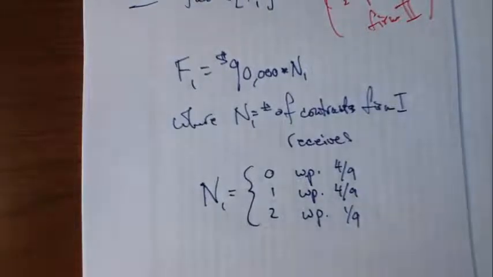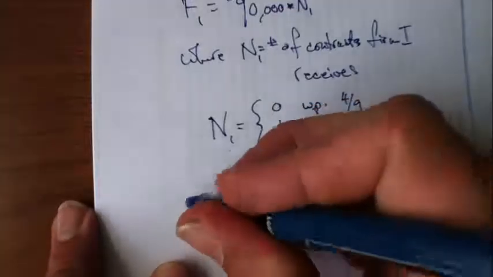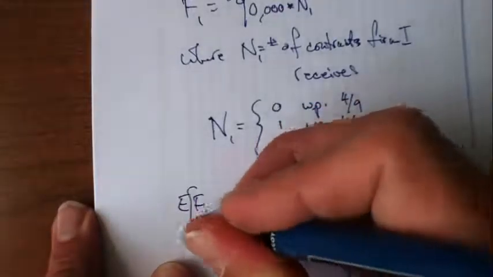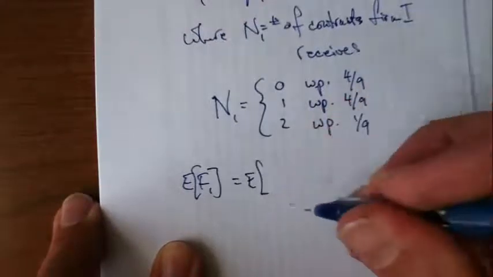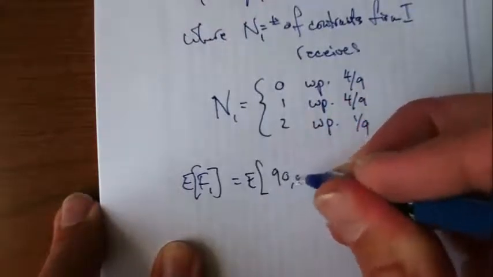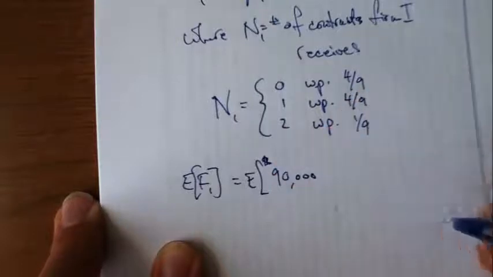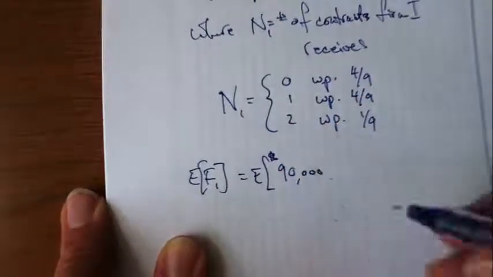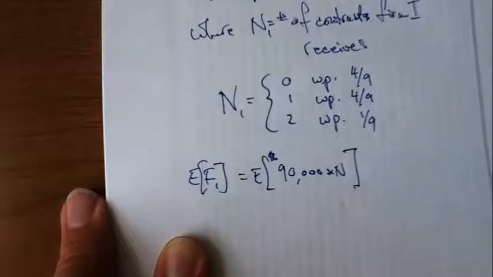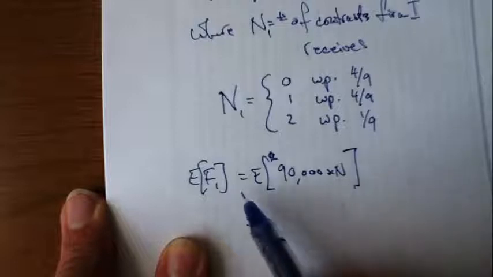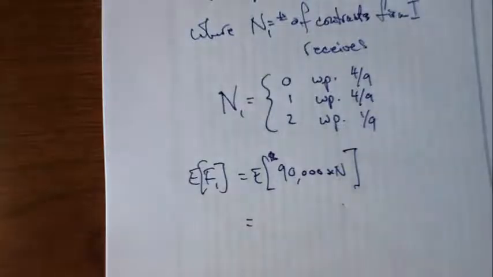Then how can I write the expected value of F1? Well, F1 is just 90,000 dollars, put the unit on there, don't leave the units off. We have a theorem that says I can pull a constant out because this expectation is basically a summation sign, a special kind of sum.